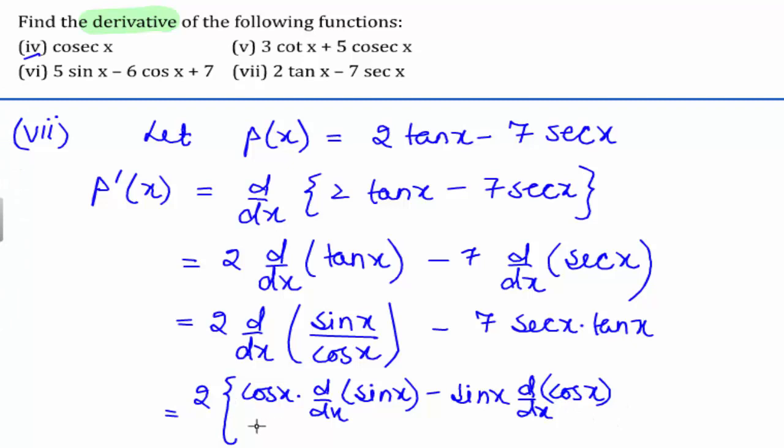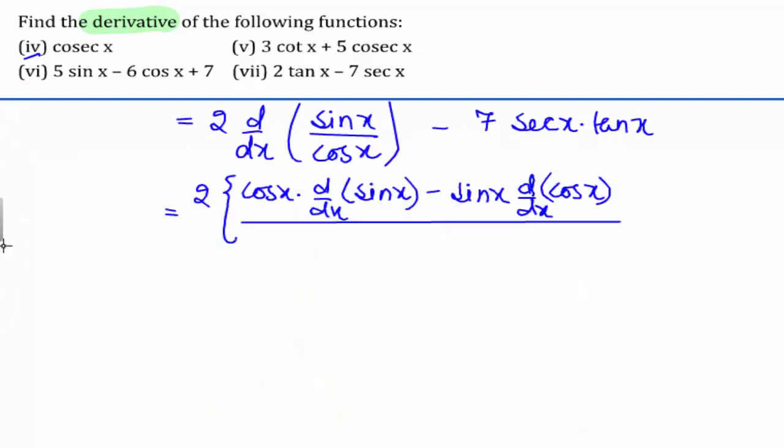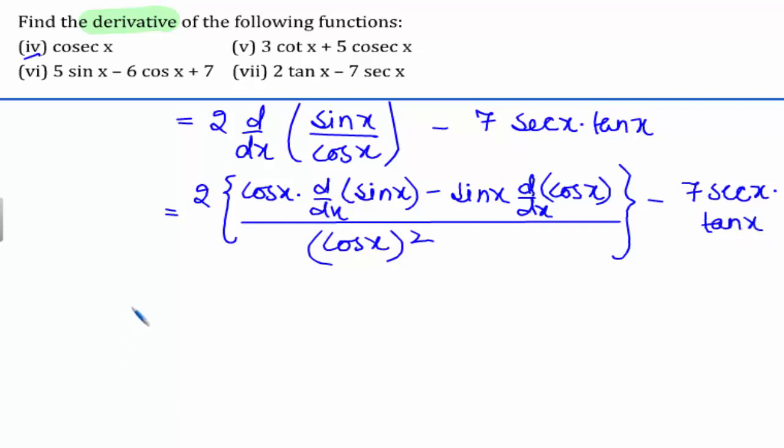This is further equal to 2 times of cos x, the derivative of sin x is again cos x, minus sin x, and the derivative of cos x is minus sin x, divided by cos square x, minus 7 times of sec x into tan x.